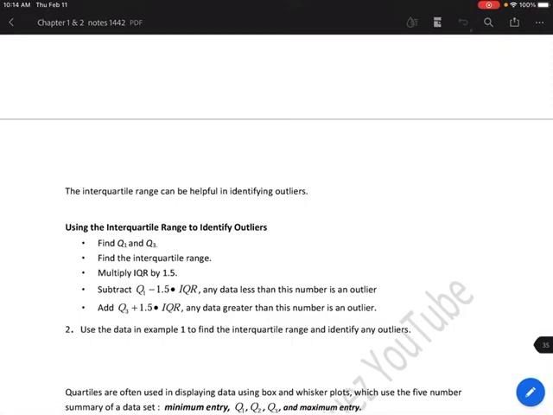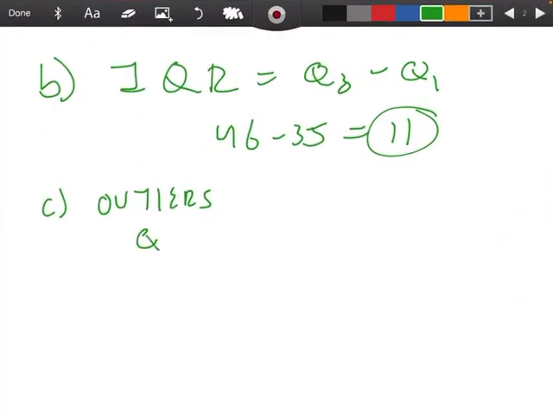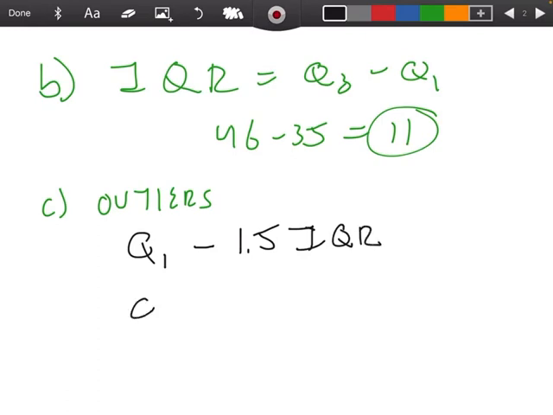Let me write that down here: Q1 minus 1.5 times IQR, and Q3 plus 1.5 times my IQR, okay?